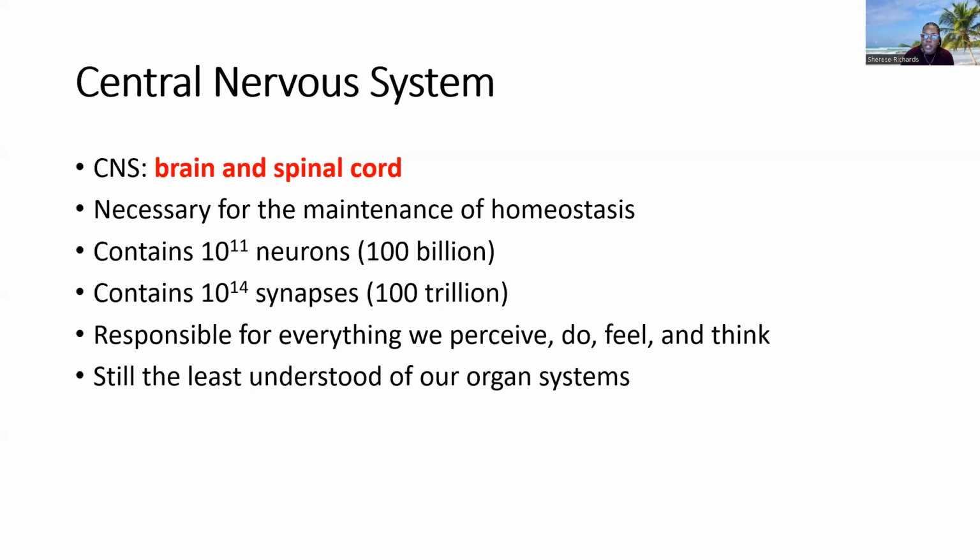There's a lot that we don't understand about it, but it's pretty much responsible for everything about our personality, everything about our character, our memories, our thoughts, our feelings, all of that, the way that we perceive the world, the way that we interact with the world, all of that is conducted and housed and facilitated through communication with the nervous system, all right?